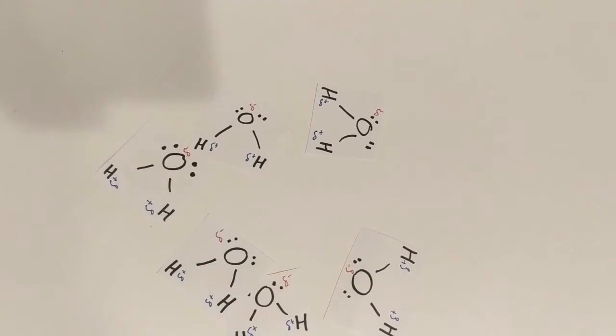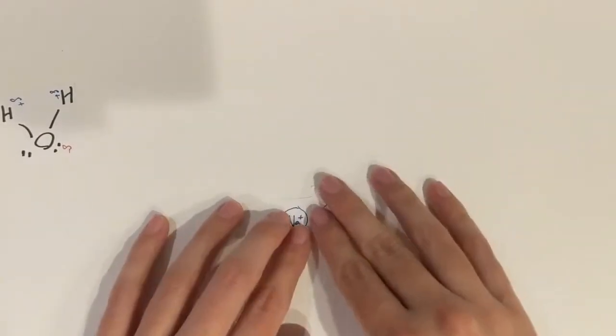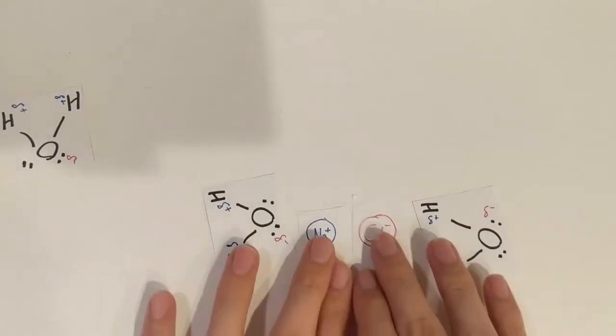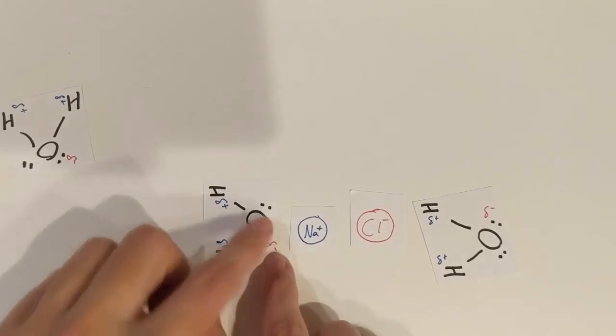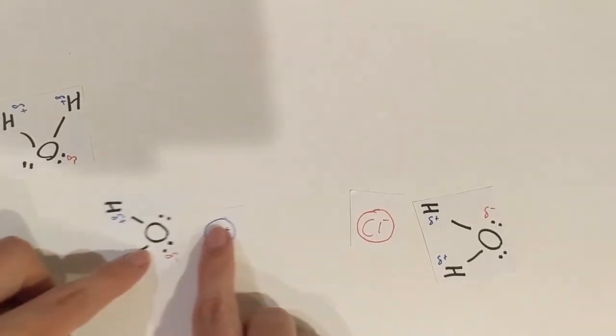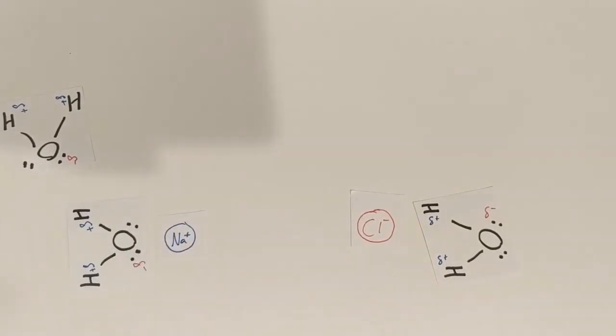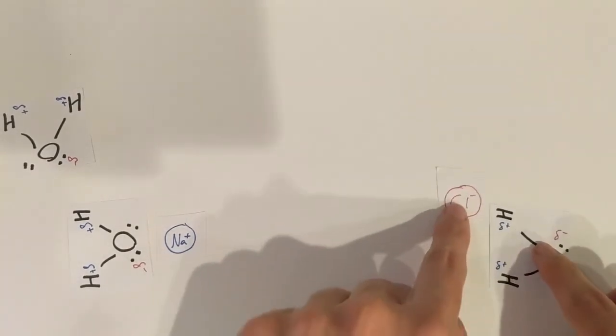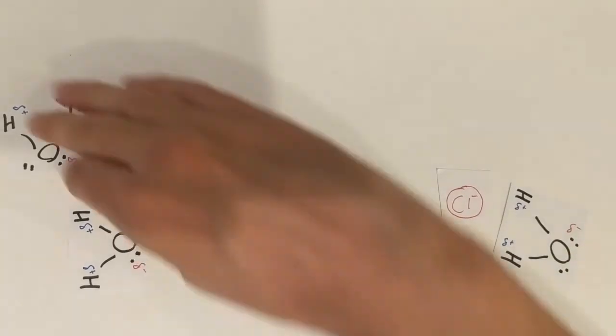And then lastly, when we added some salt to the water, what happened was water broke it apart. The partially negatively charged oxygen would pull the sodium ions apart from the chlorine ions, so that partial hydrogen would pull at the chlorine ions.